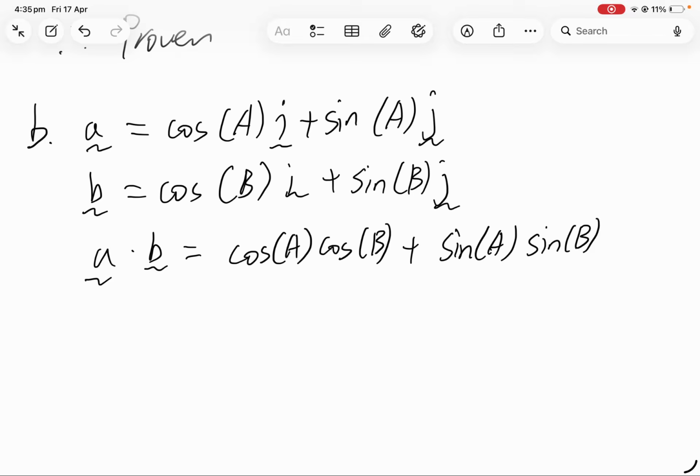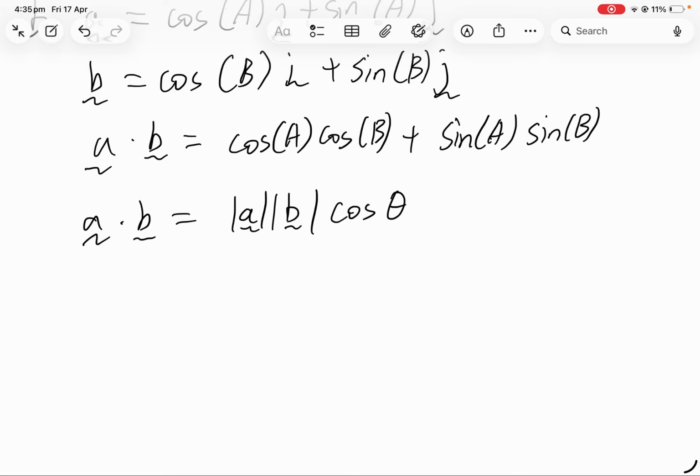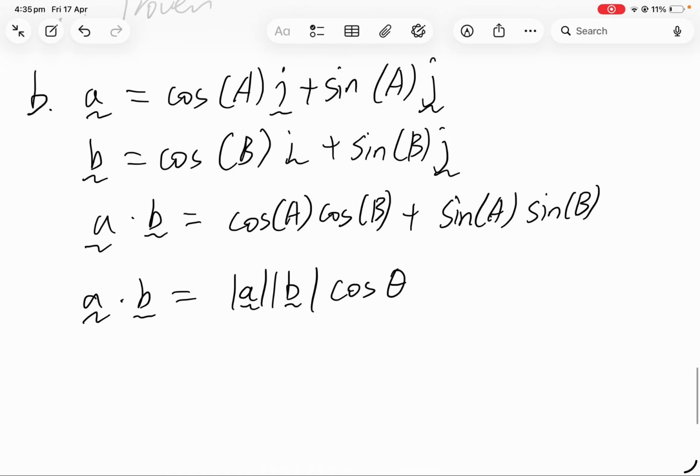So another way of writing a dot b is actually magnitude of a, magnitude of b, and then cos theta, where theta is the angle between a and b.